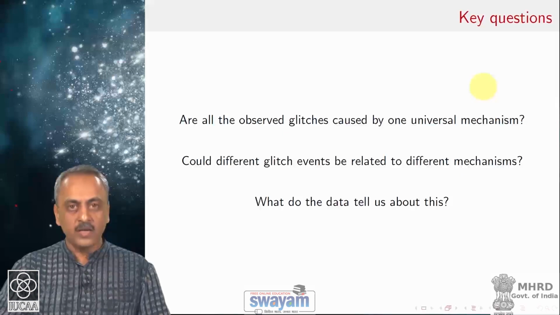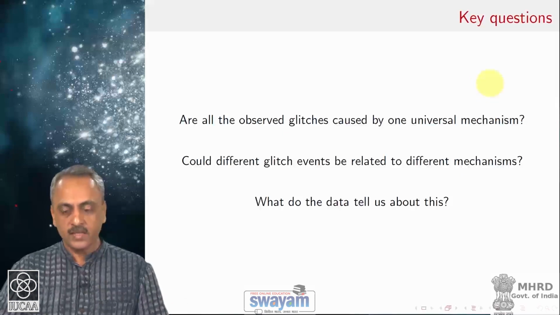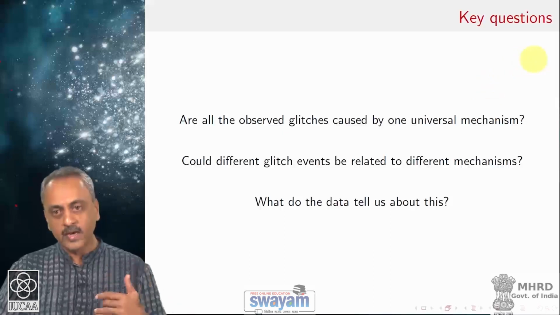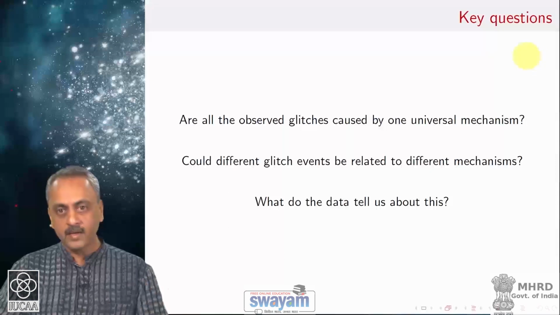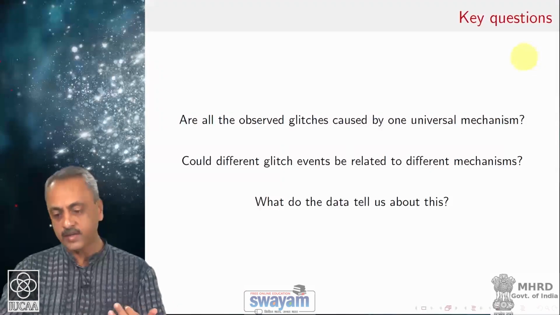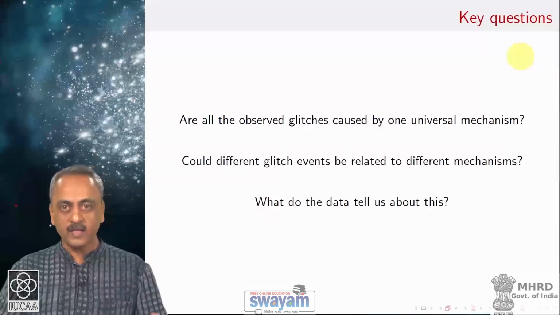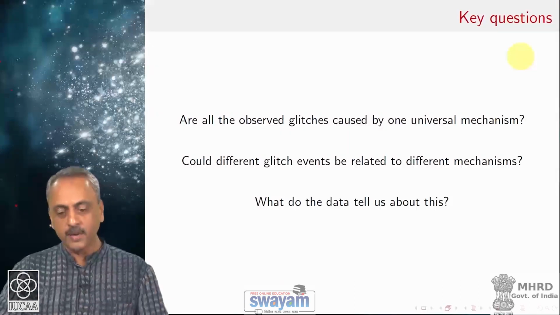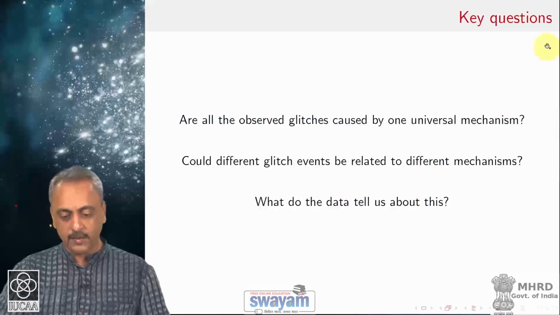So, these are the essential key questions that we would like to address. Are all the observed glitches caused by the same one universal mechanism? Could there be different glitching events related to different mechanisms? For example, some of the glitches could be related to a relatively higher up layer in the crust-core interaction. Some of the higher energy glitches could be related to a deeper layer in the neutron star, maybe.